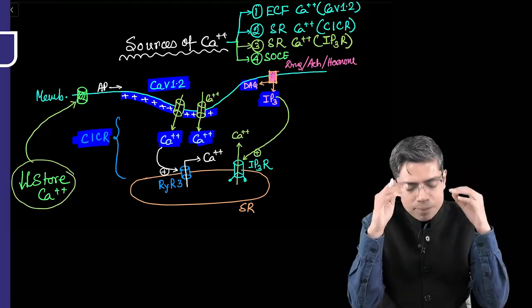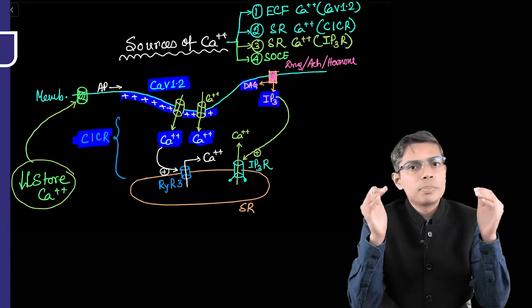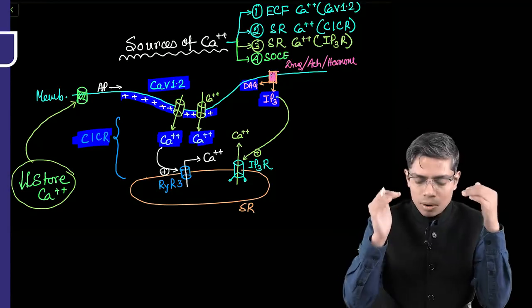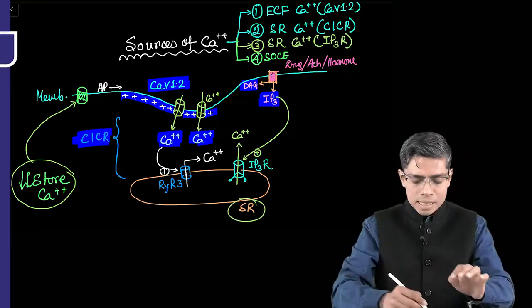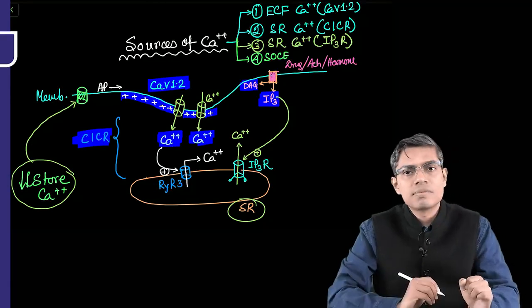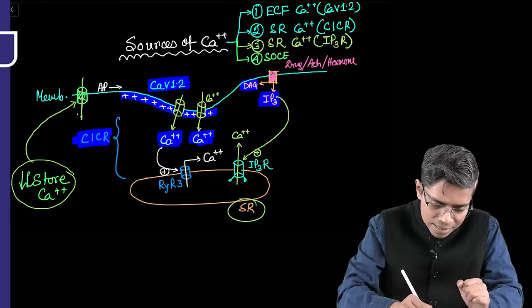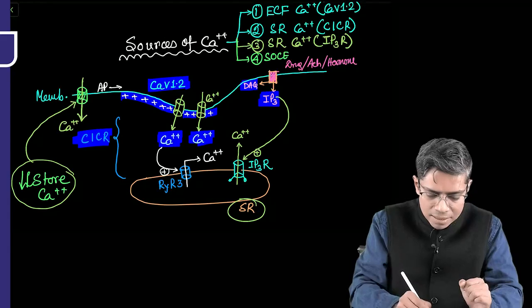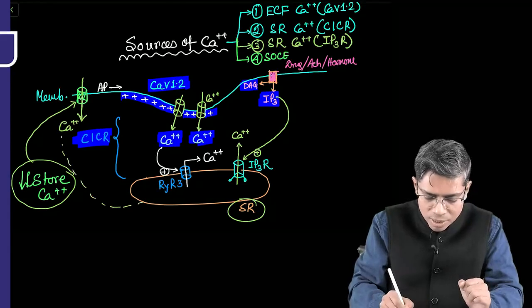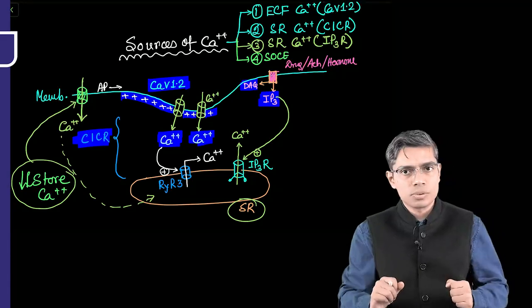But this mechanism is very special to certain smooth muscle. Whenever the intracellular calcium store, or the sarcoplasmic reticulum store of calcium, is depleted, it will send a signal to this surface calcium channel, and this channel will open up, through which more calcium will enter, and this calcium will replace the sarcoplasmic store and cytoplasmic store.